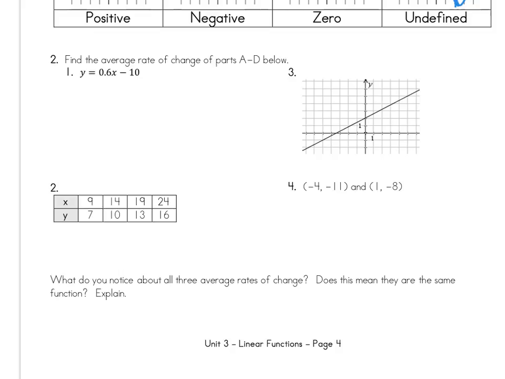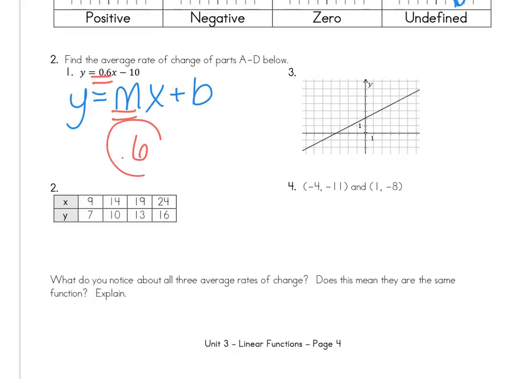But lucky for me, if we look at question number 1, we see that it is written in y equals mx plus b form. When we see this, we should be jumping for joy because whatever number is in front of our x is our slope. And the average rate of change is the same thing as the slope. So 0.6 is our slope.